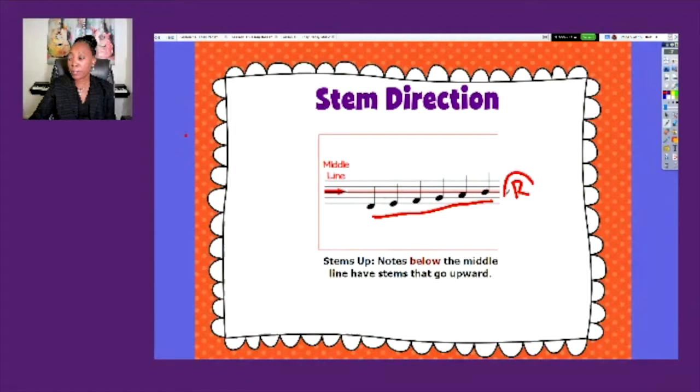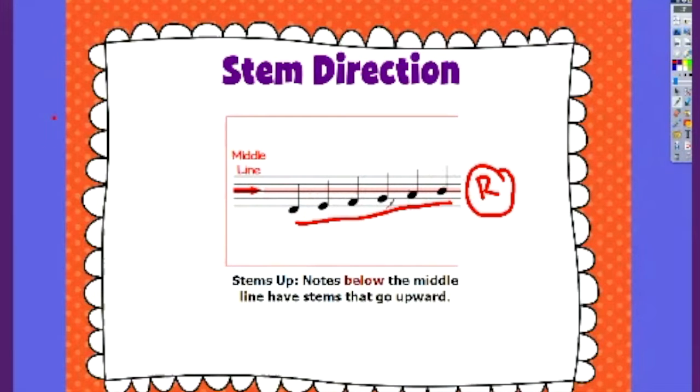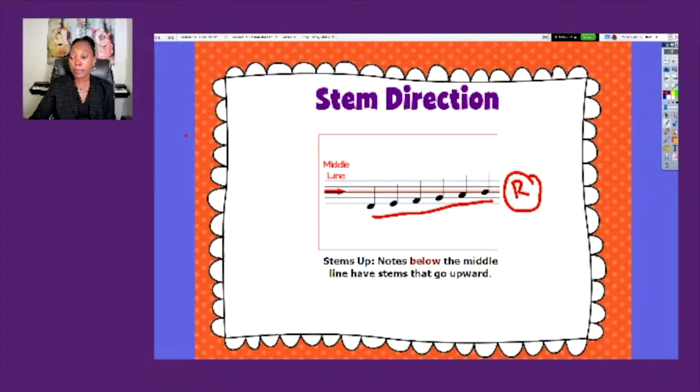So I'm going to put an R in a circle here. So if you see a quarter note, or half note, or any note that has a stem and it is below the third line, the stem is going to go up to the right. Okay?